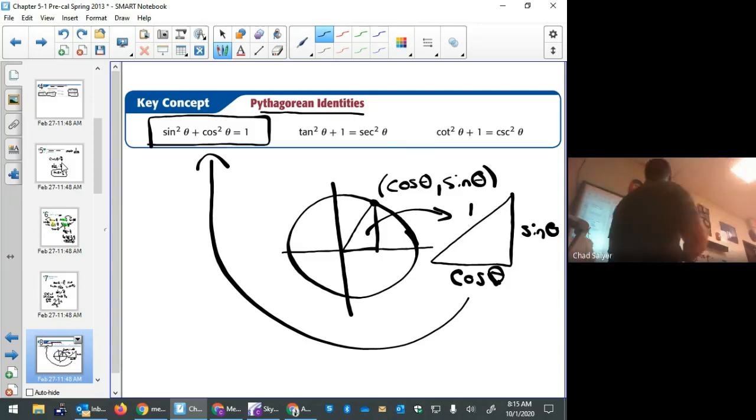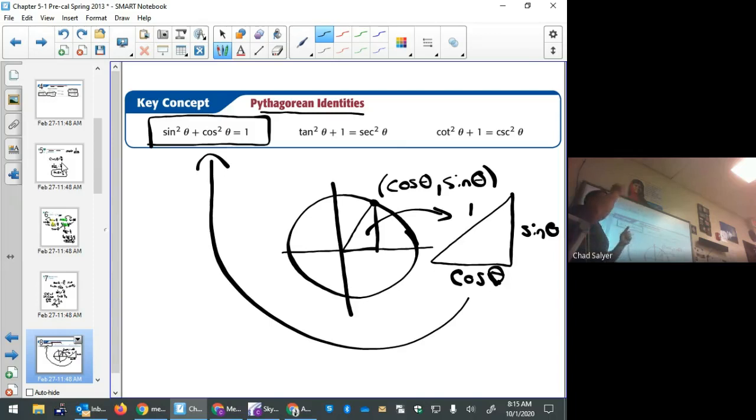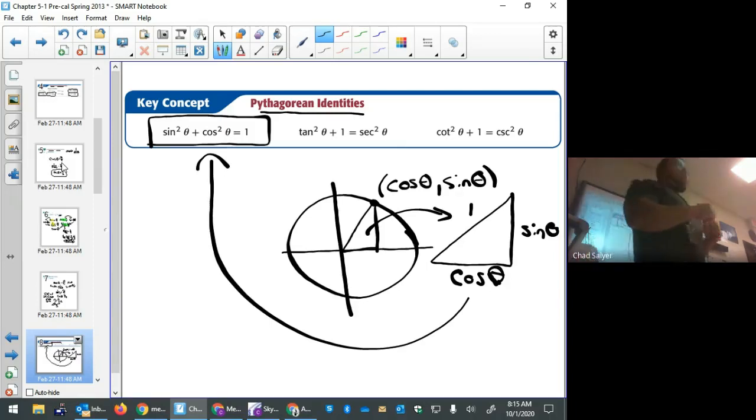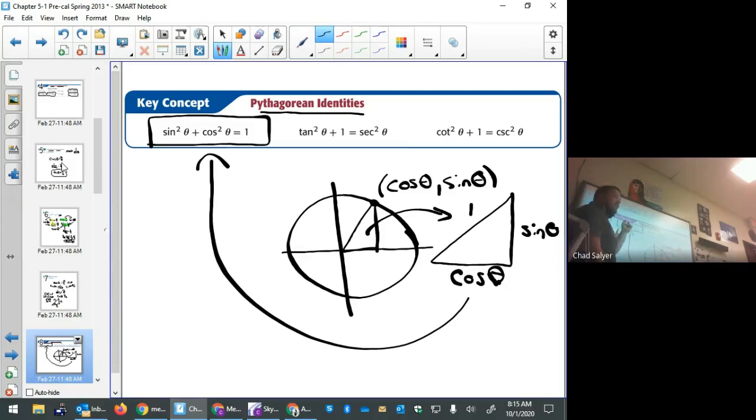And whenever you see a trig function to the second power, your knee-jerk reaction should be to apply a Pythagorean identity. So Pythagorean identities are the way to go when you have a squared trig function. Now, this is where that notational inconsistency comes into play. If you have a little superscript after the function like this, and it's anything other than -1, then it means the trig function raised to that power.